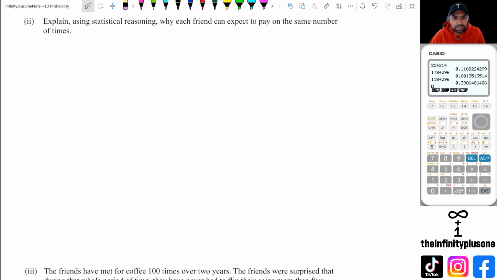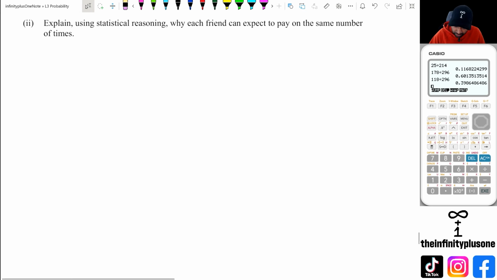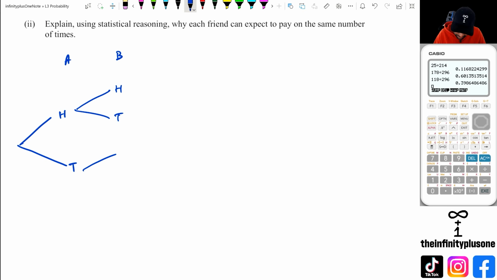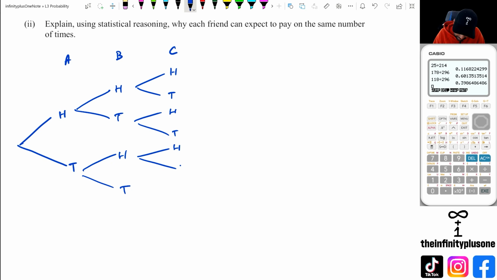Okay, all right, so with this one, why each friend can expect to pay the same number of times. So what we're going to do is look at all the combinations. So we're going to have person A, person B, person C. Actually, what I might do is just do a tree diagram. So we're going to get heads or tails, and then person B will get heads or tails, and then person C will get heads, tails, heads, tails, heads, tails, heads, tails.